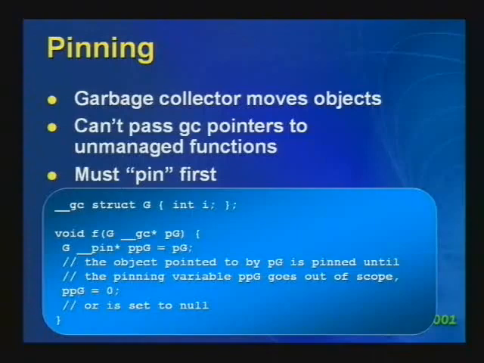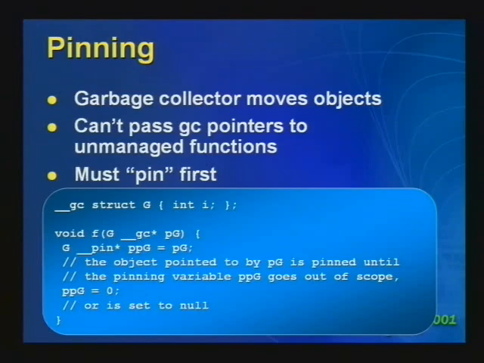So this is an example of how pinning looks. What I have here is a GC struct. For the people that have mainly been reading C# code, don't be confused by struct here. Unlike C#, where struct means a stack allocated type and class means a heap allocated type, a GC allocated type, in managed extensions to C++, the difference between class and struct is the same as the difference between class and struct has always been in C++.